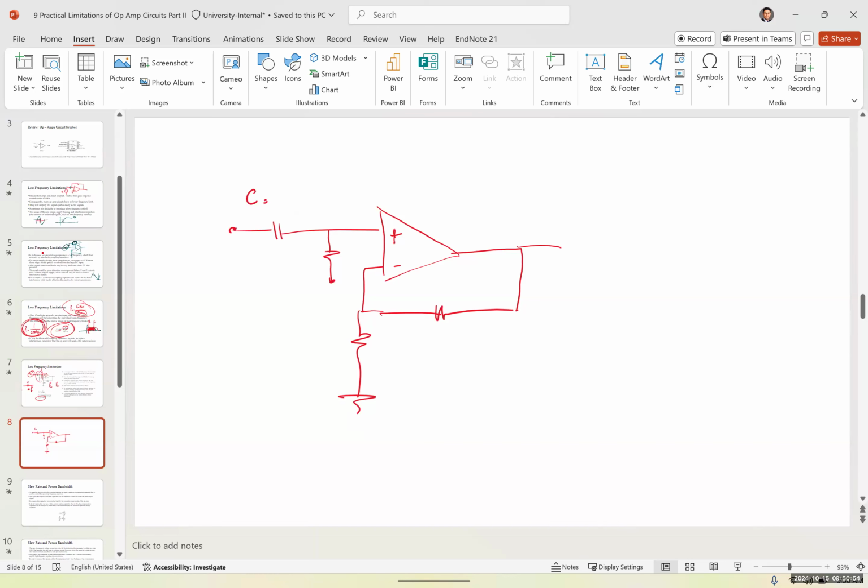C is equal to 0.2 microfarad. R is equal to 500K. Vs is 4 cosine of 377t.